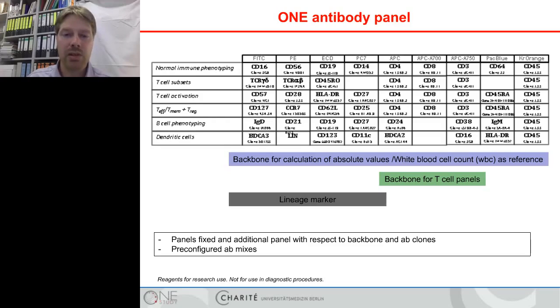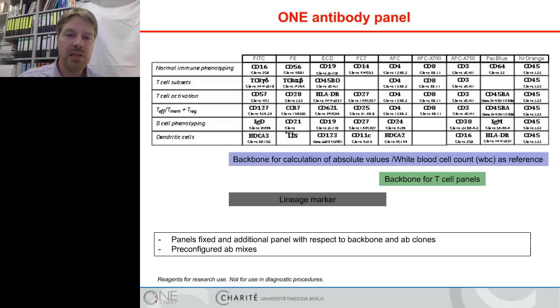We are using the same clone for all identical markers within all the panels. After fixing the formulation of a panel, the panels never changed, and additional panels will be designed with respect to the backbone and the used antibody clones.